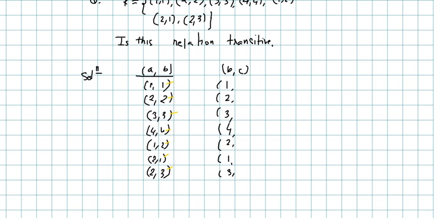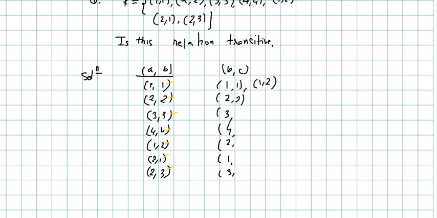Now, what are the different ordered pairs that start with 1? I have (1, 1), so I will write (1, 1), no problem. What other ordered pair starts with 1? I can see (1, 2) is there, so write it. Let it be redundant, let it be many, no problem, because that will not change the transitive relation. What other ordered pairs start with 2? I can see (2, 2), write (2, 2).